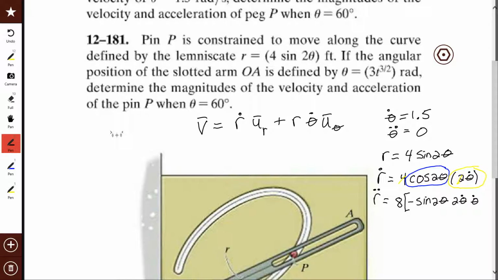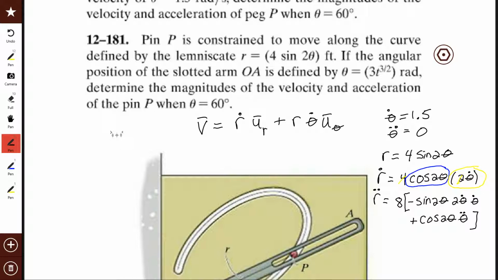And then I finish the product formula, plus the first term, the blue term, cosine of 2 theta, times the derivative of the yellow term, which is theta double dot, in the bracket. So I have theta double dot, theta, and theta dot. I can just calculate the number for r double dot.